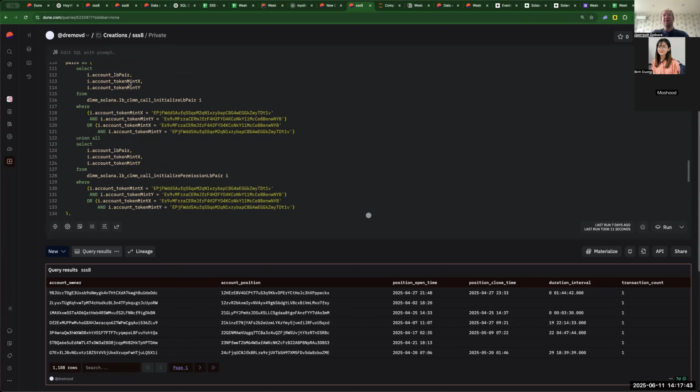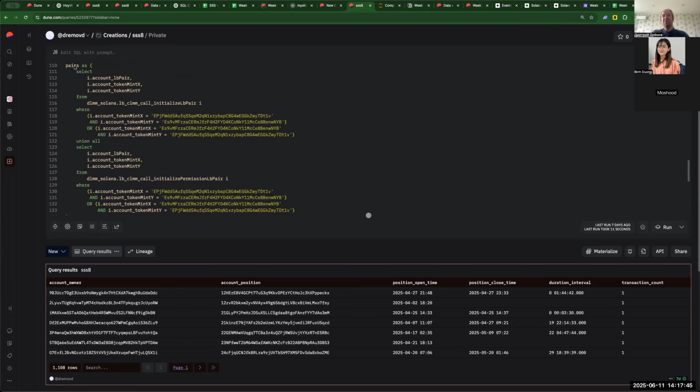For the liquidity pools, there is this union of two different types of events that could result in a liquidity pool: the initialized liquidity pool and the liquidity pair events.